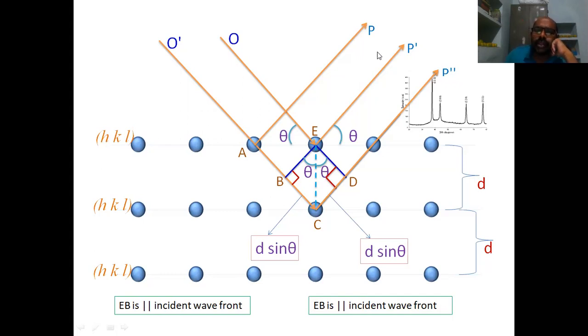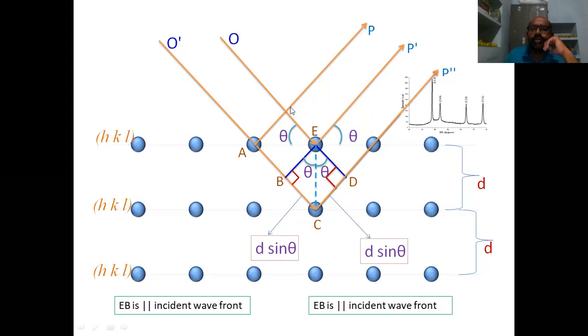That means the light rays PP' are going in the same phase. So the wavefront is the same. However, we are getting the plane wavefront here, since these are reflected from the same plane.